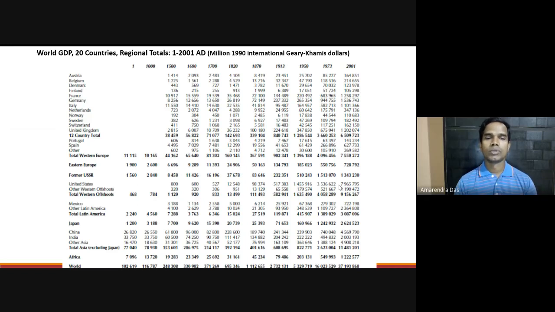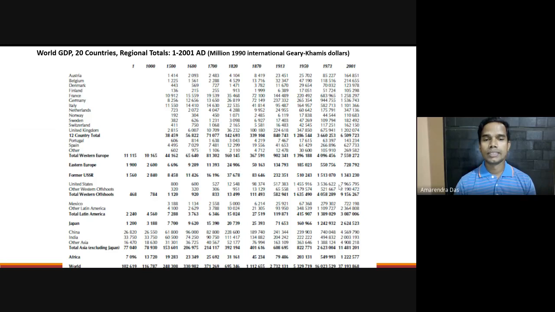So the world GDP in 1 AD was about 102 billion, and out of that, India's GDP alone was about 33.75 billion. Of course you should remember that when I say India here, in 1 AD, India included the present Pakistan and Bangladesh. So that was India, and that's why we had almost 33% of world GDP.